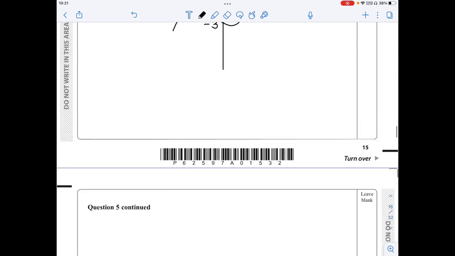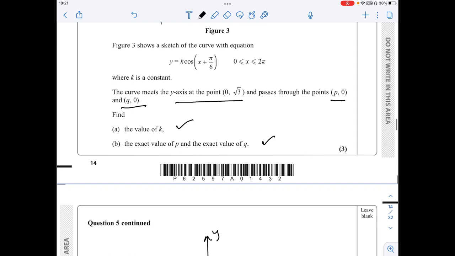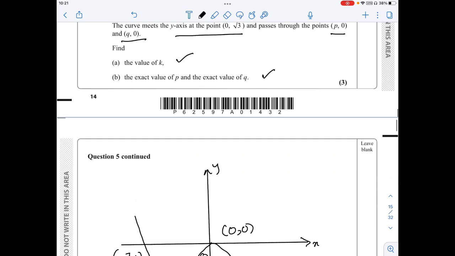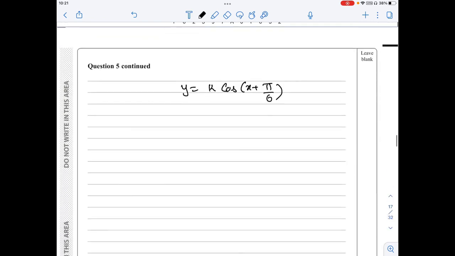Now, some conditions have been given. It meets the y-axis at 0 comma root 3. What is the meaning of y-axis? It means x equals 0. Plug in x equals 0 and y is root 3. So root 3 equals k times cos of (0 plus pi upon 6).